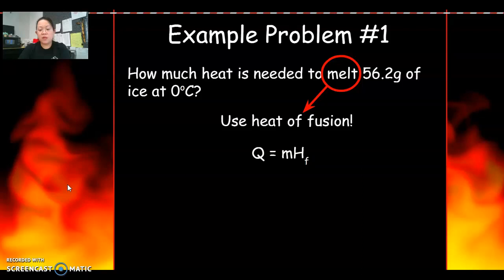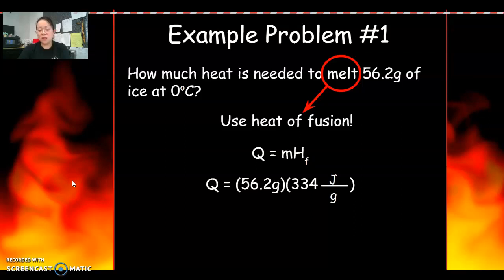So our formula looks like this. Q equals mH subscript F. So heat equals mass times heat of fusion. And so our mass given to us was 56.2 grams, and the heat of fusion is 334 joules per gram.